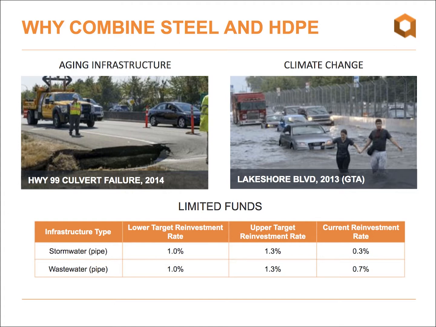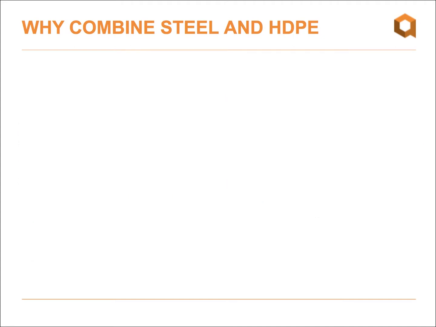But unfortunately, our municipalities are faced with more needs than they have money for, and they can only achieve about 30% of that lower reinvestment target on the storm sewer side, and only about 70% of that lower reinvestment target on the wastewater side. So unfortunately, what this means is that what is good today will be fair tomorrow, and what is fair today will be poor or very poor tomorrow. So we're facing this downward spiral, and it's something that we need to put an end to as wastewater and infrastructure experts.